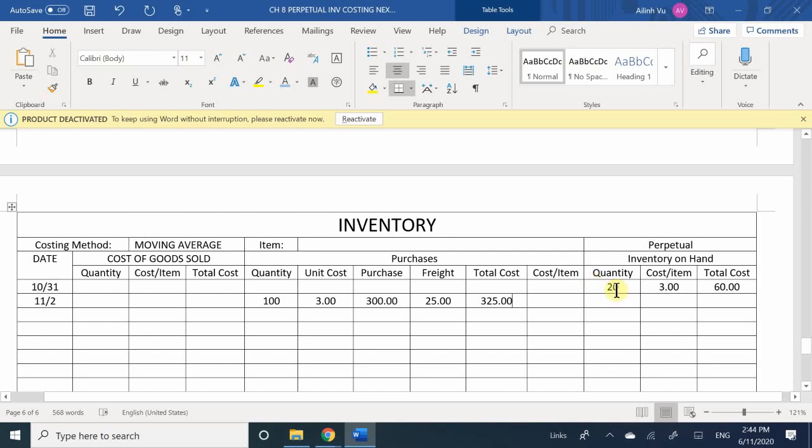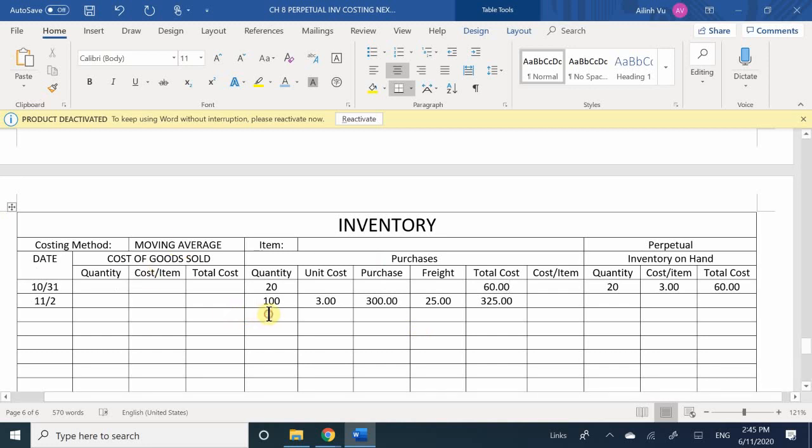We have initially 20 items, and we're adding another 100 items to our list, to adjust the inventory. Add the 100 to the 20. You have 120.